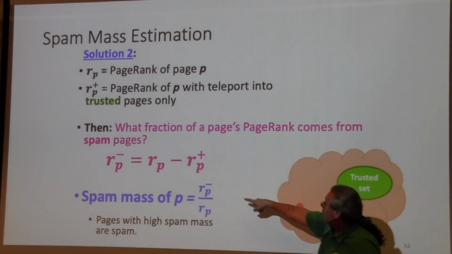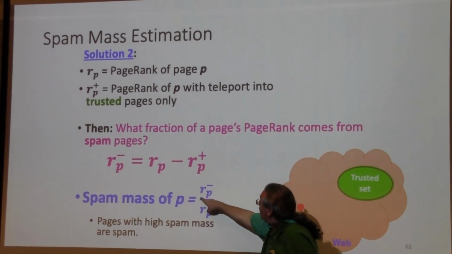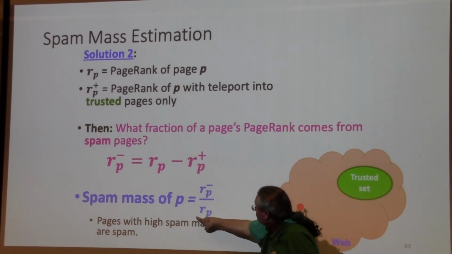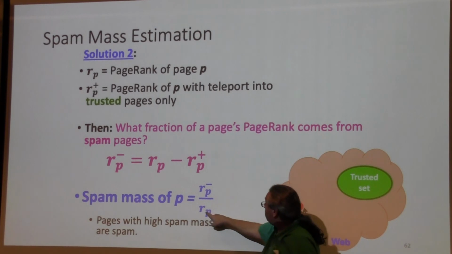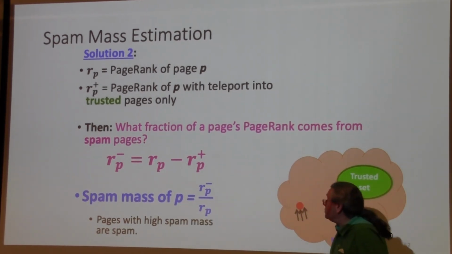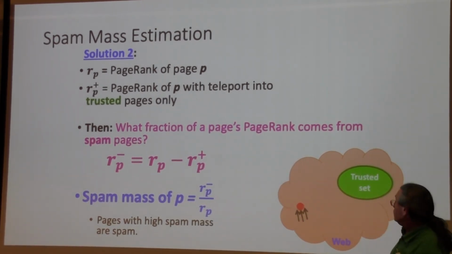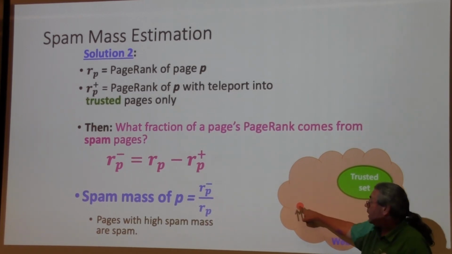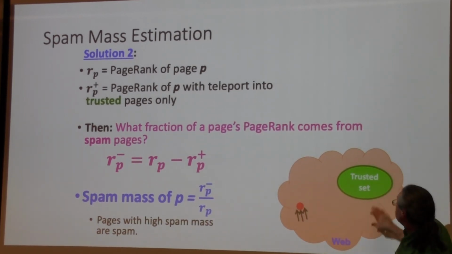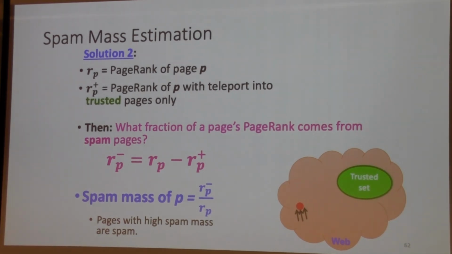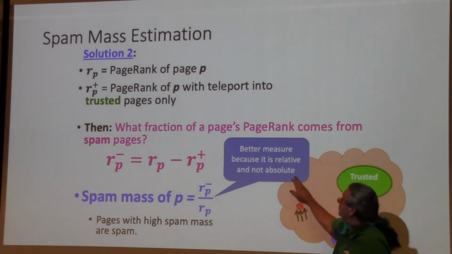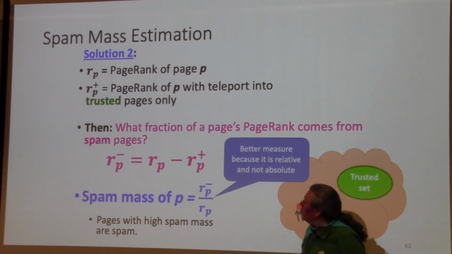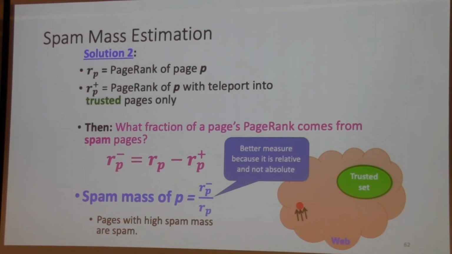But because of spam, it's not going to be 0. So we're going to calculate the difference in the PageRanks divided by the absolute PageRank. So this is a relative value. This is called the spam mass. It's the percentage of PageRank that is coming from spam. And you can calculate it if you know a trusted set. And the nice thing is that it's relative and not absolute. It's a percentage, so it doesn't depend on the absolute value of PageRank.